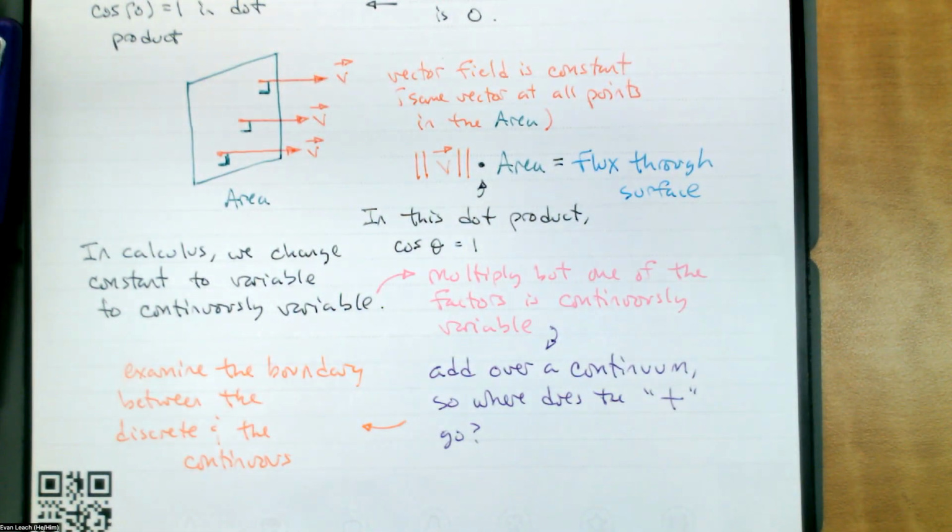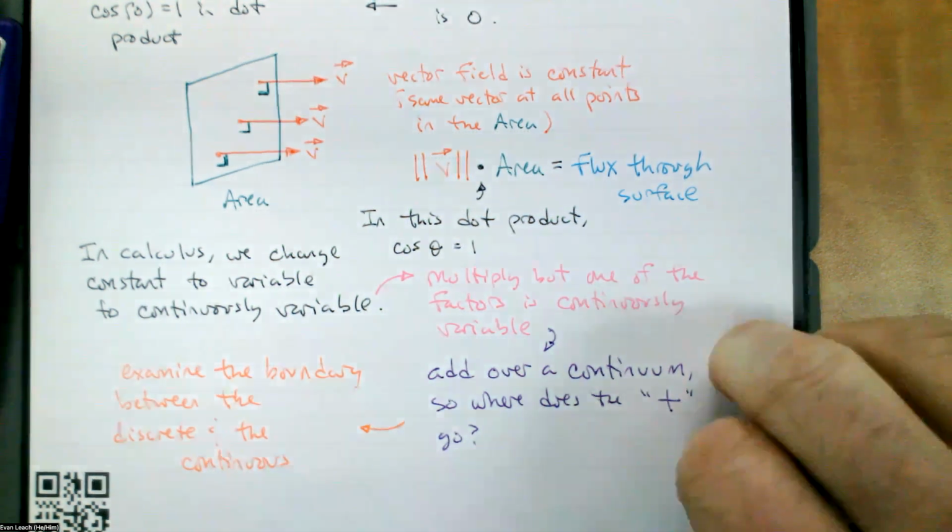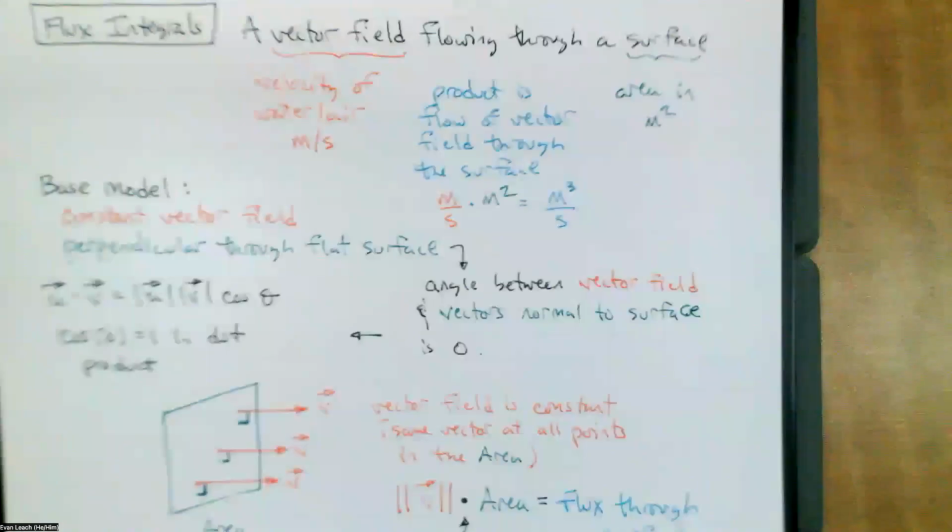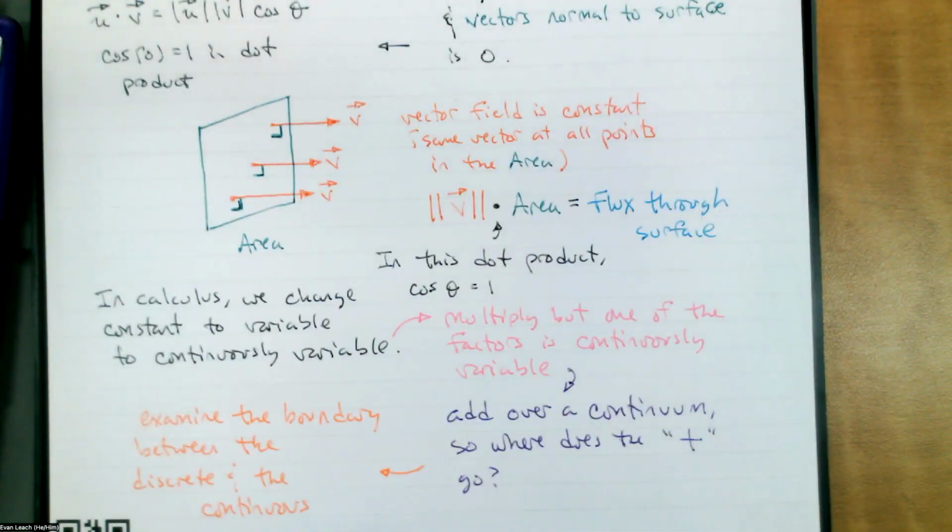So let's upgrade our base model and make the vector field not constant. Integration is multiplication, but one of the factors is continuously variable.